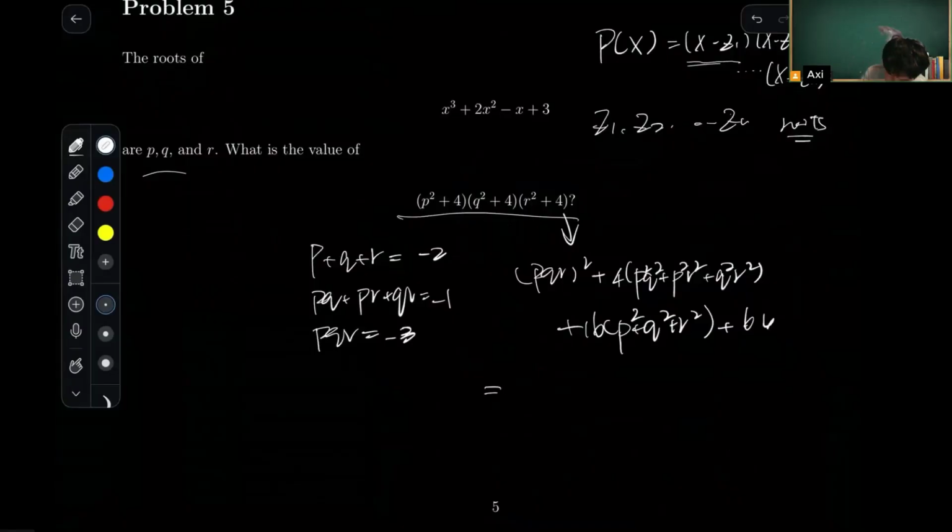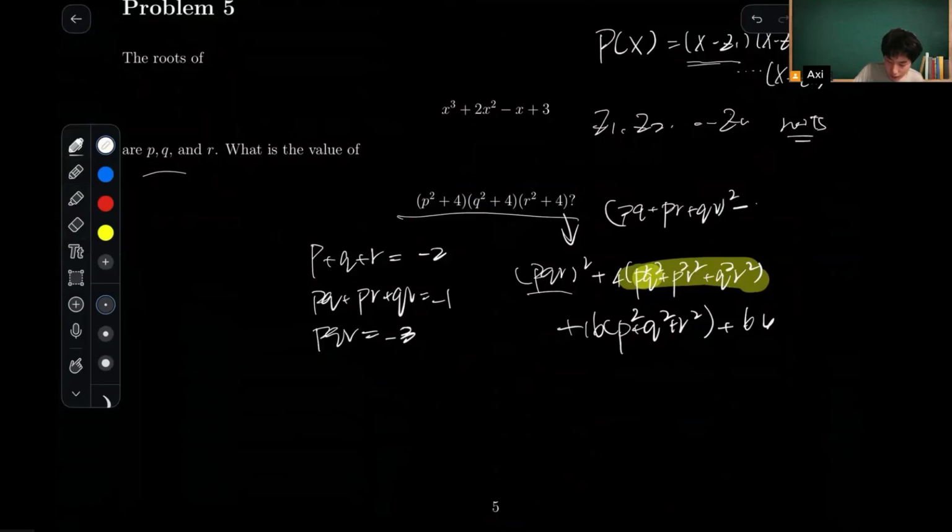And then next, we already know this, so we have to find a way to represent this messy term. The way to go here is that this thing is (pq plus pr plus qr) squared minus 2pqr times (p plus q plus r). You can verify this yourself.